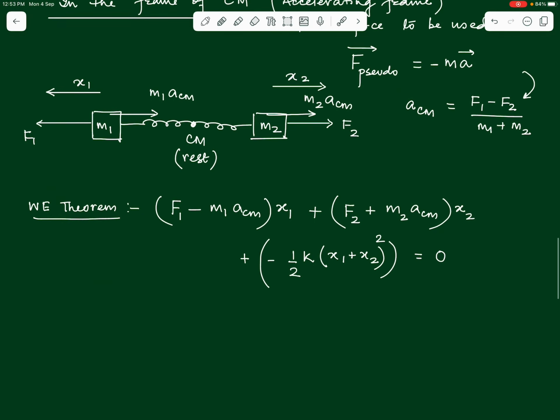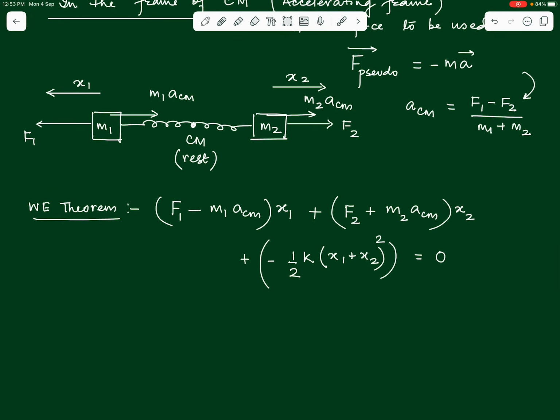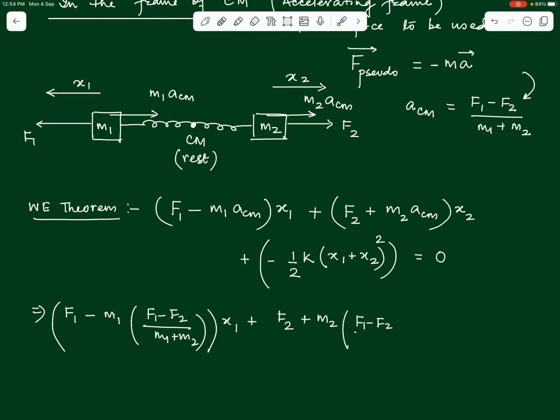So, this is our equation now, and this is the one that we have to solve. Physics over, now we have to deal with the mathematics. Substitute the values. In this equation, we will have F1 minus M1 into ACM, where ACM is F1 minus F2 over M1 plus M2, times x1, plus F2 plus M2 into F1 minus F2 over M1 plus M2, times x2.